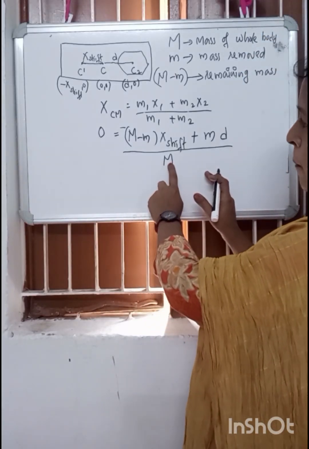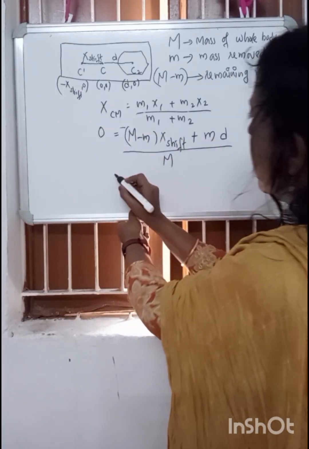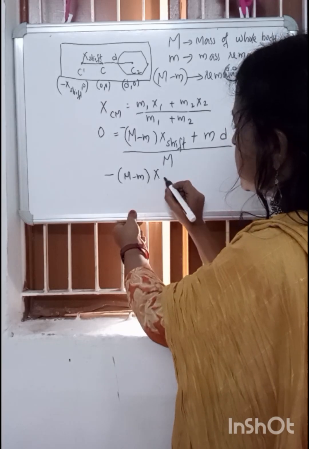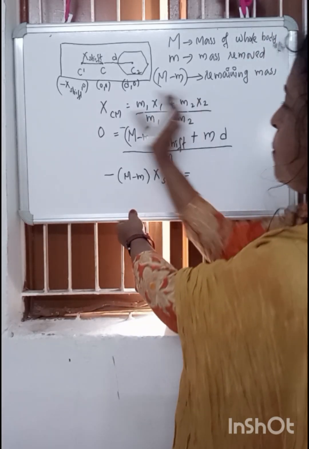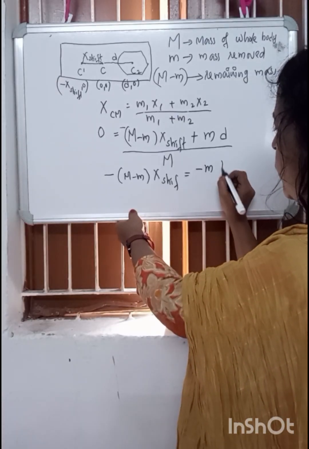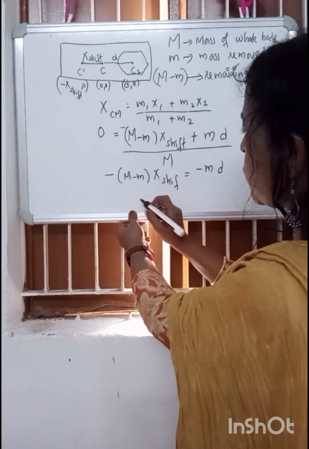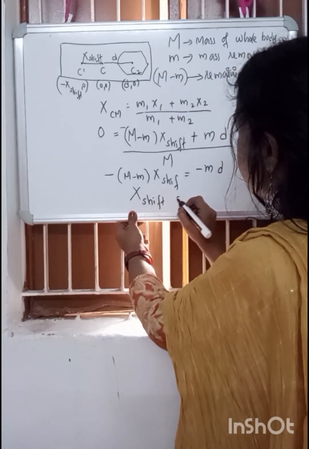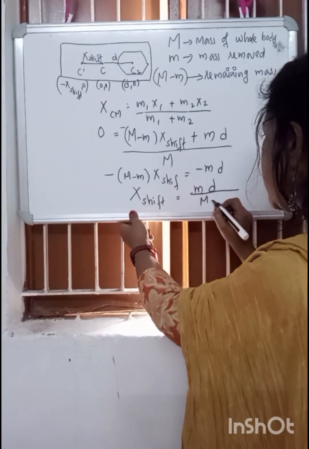Okay, bring M to this side. So M into 0 is 0 only. So minus (M minus m) x shift equals, bringing this term to this side, minus m into d. The minus signs cancel each other. So from this equation we can write x shift equals m d divided by (M minus m).